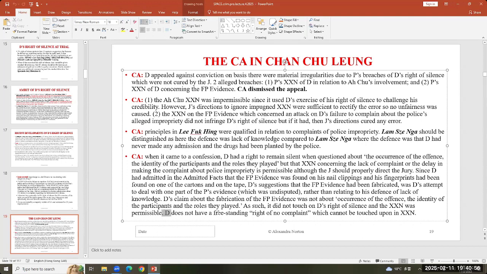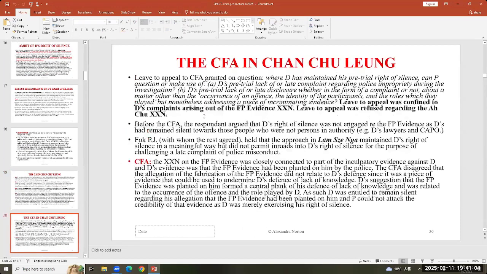So the Court of Appeal said there is no freestanding right of no complaint, which can never be asked about in cross-examination. So the case went up then to the Court of Final Appeal, but actually only on the question of the fluorescent powder. The Court of Final Appeal refused leave to appeal on the Archu cross-examination.